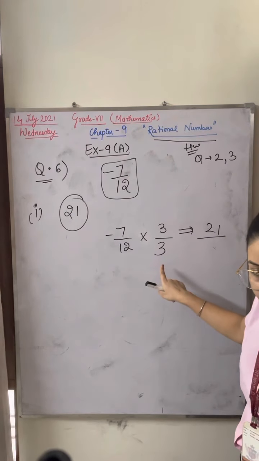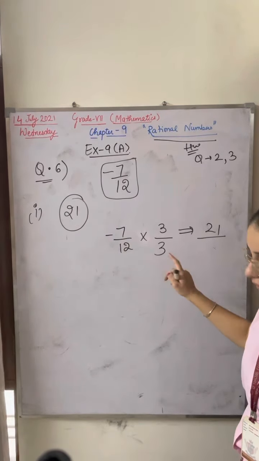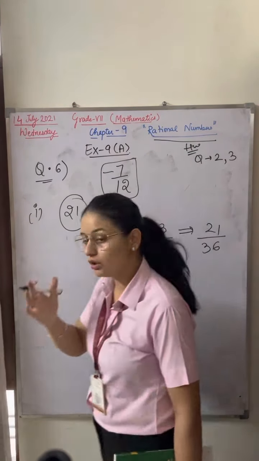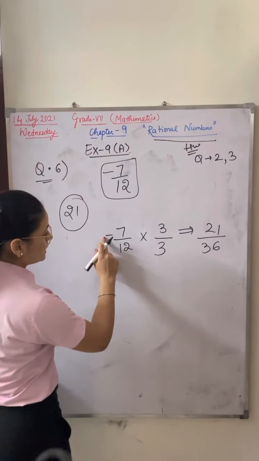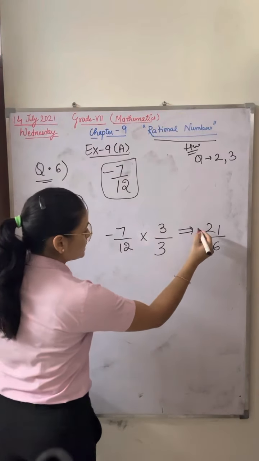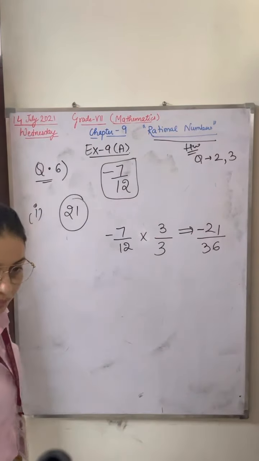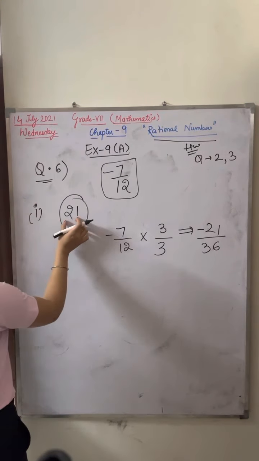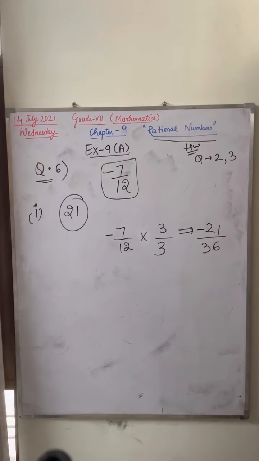It is a rule, it is a format. 12 3s are 36. But one more thing. If I multiply minus 7 with 3, the answer will be minus 21. But your first part answer is positive 21. So what should I do?